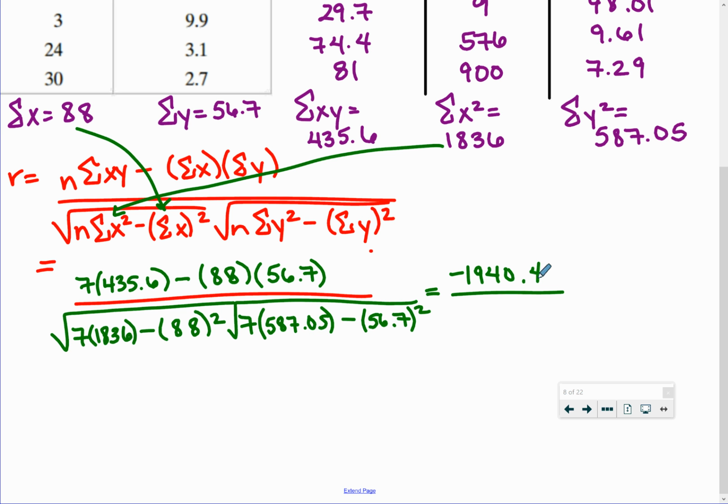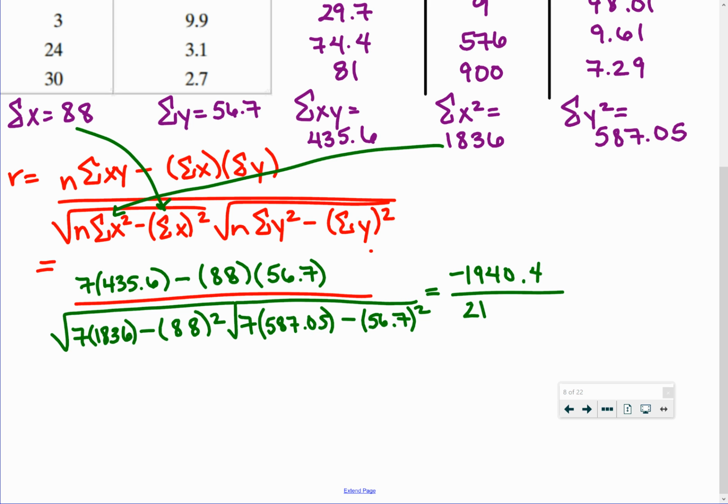Make sure in the denominator, after you do the first square root, if you're in the graphing calculator, you arrow to the right to get out of the square root or hit multiplied by before you do the next one. In the red calculator, you might want to do both square roots first and then multiply them together. Just try not to round too much in the middle if you can avoid it.